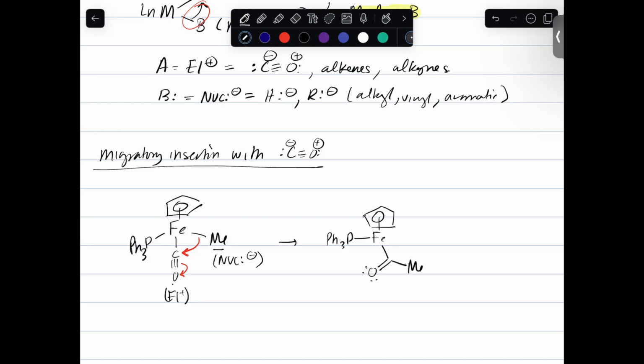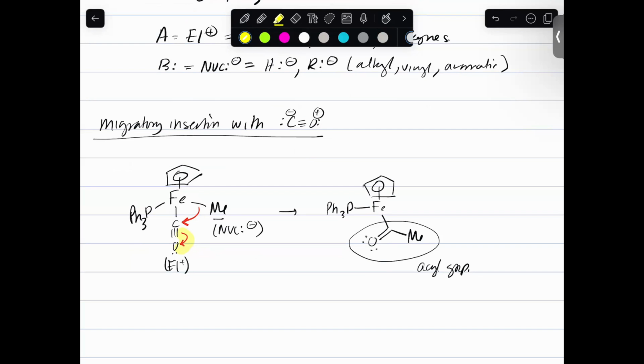Now remember, this oxygen already has electrons, so when the electrons from the triple bond come over, we have 2 lone pairs. And I've got my acyl group. So anytime you have carbon monoxide, you will always be moving those electrons. Carbon can't have 5 bonds to it.